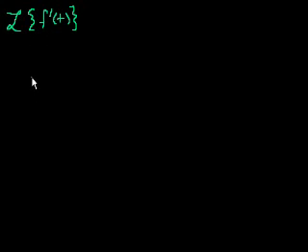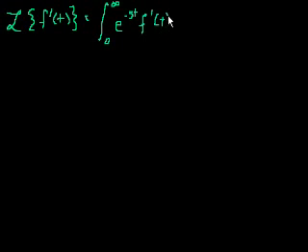So we're going to use some integration by parts here. First of all, this is equal to the integral from 0 to infinity of e to the minus st times f prime of t dt. And to solve this, we're going to use integration by parts. Let me write it in the corner just so we remember what it is.